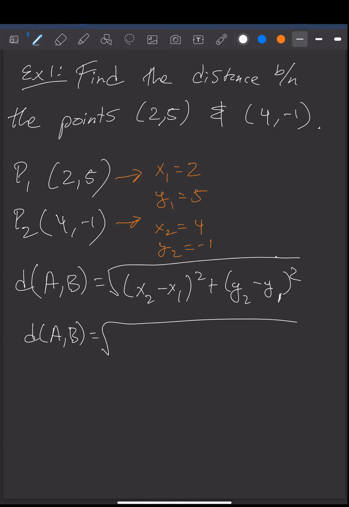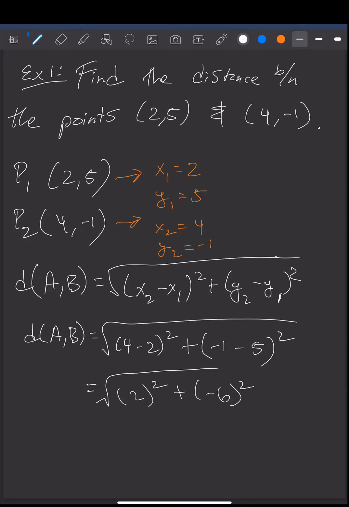So x2, we called that 4, minus x1, which would be 2, squared, plus y2, we called that -1, minus y1, which was 5, squared. All right, sweet. So now we have 2 squared plus -6 squared, which is 4 plus the square of -6, which would be 36.